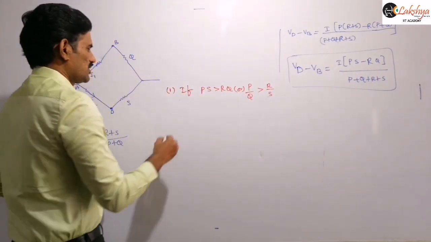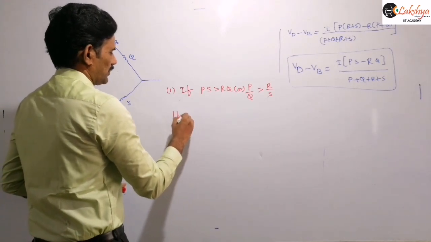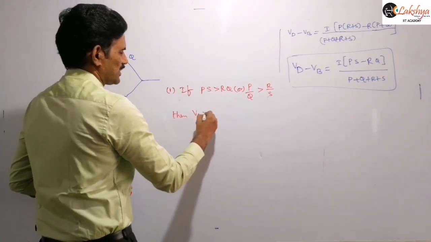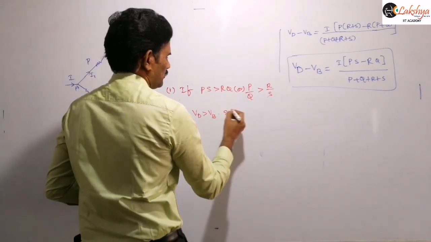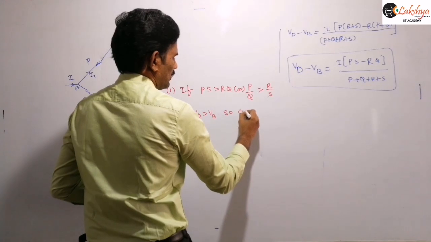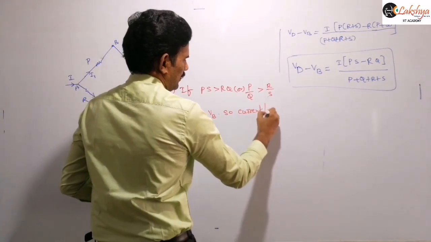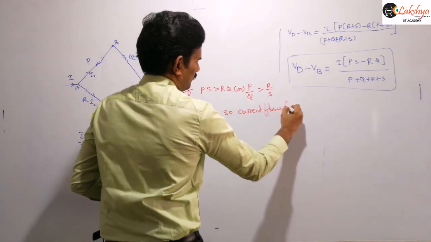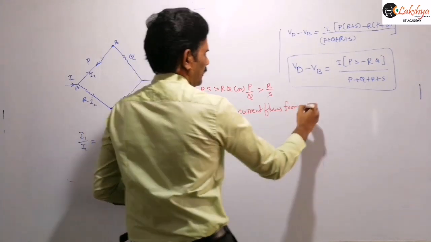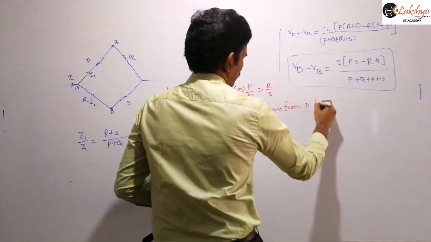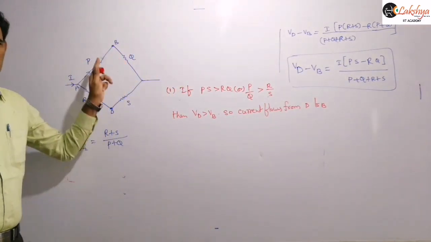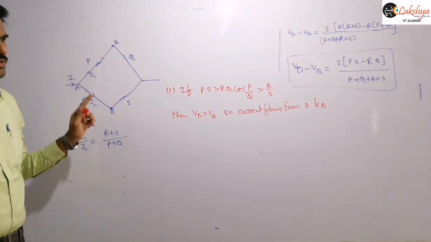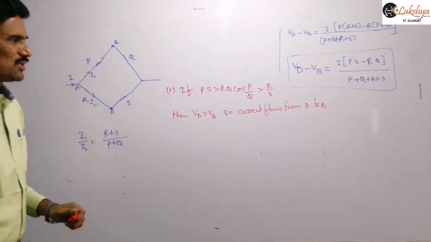Then you can conclude that VD is greater than VB. So current flows from D to B, if any resistance is connected in such a case between BD.